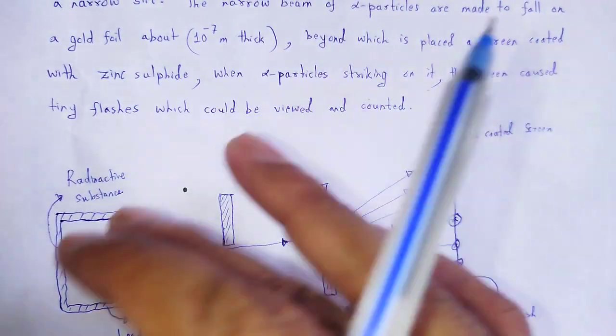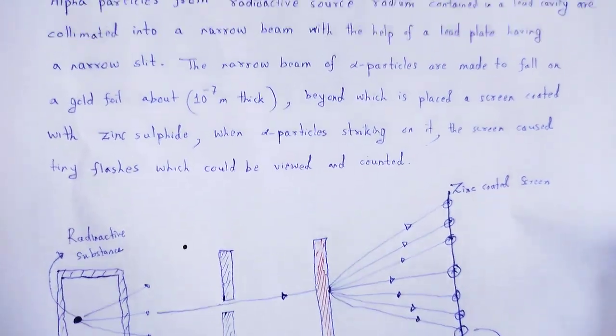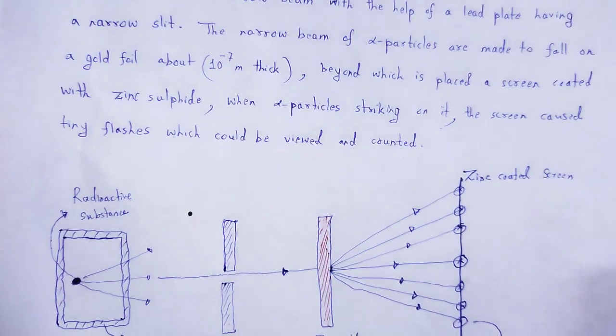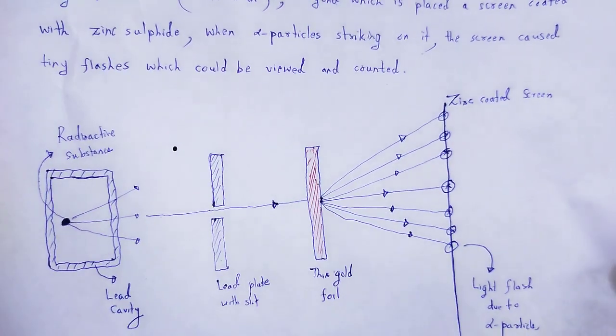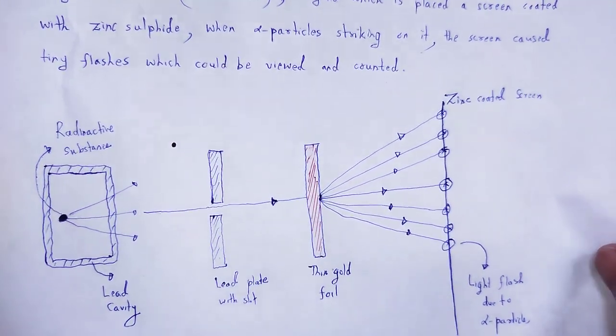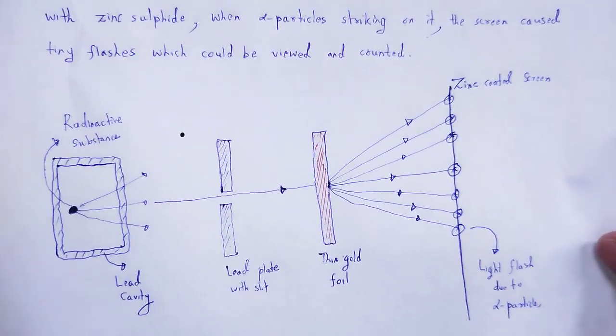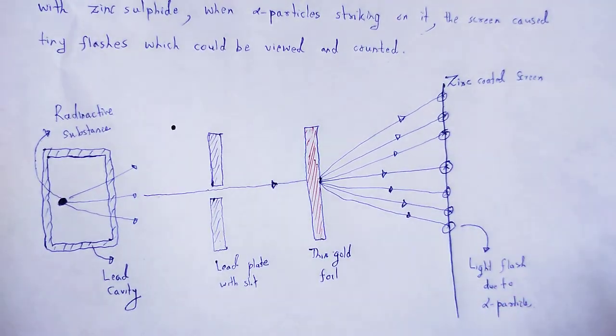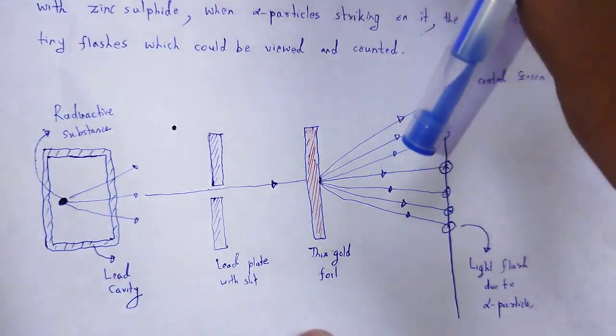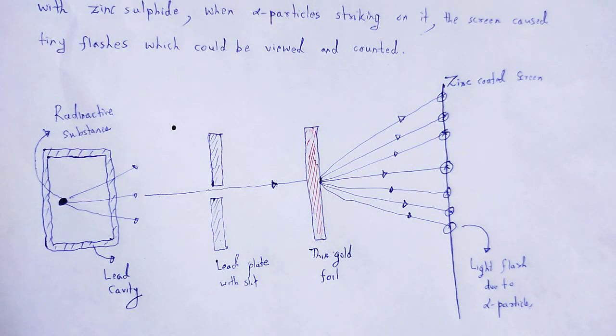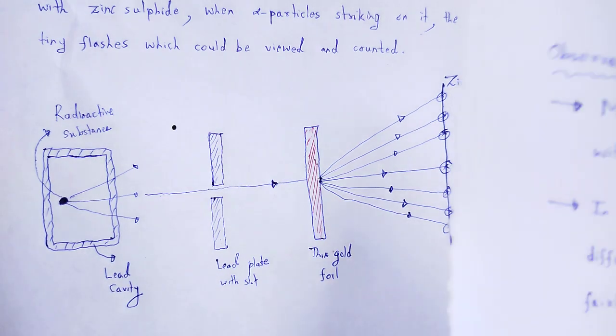This is the experimental setup by Rutherford, the scattering of alpha particles. By using that experimental setup, he observed some things. These are some of the observations made by him.